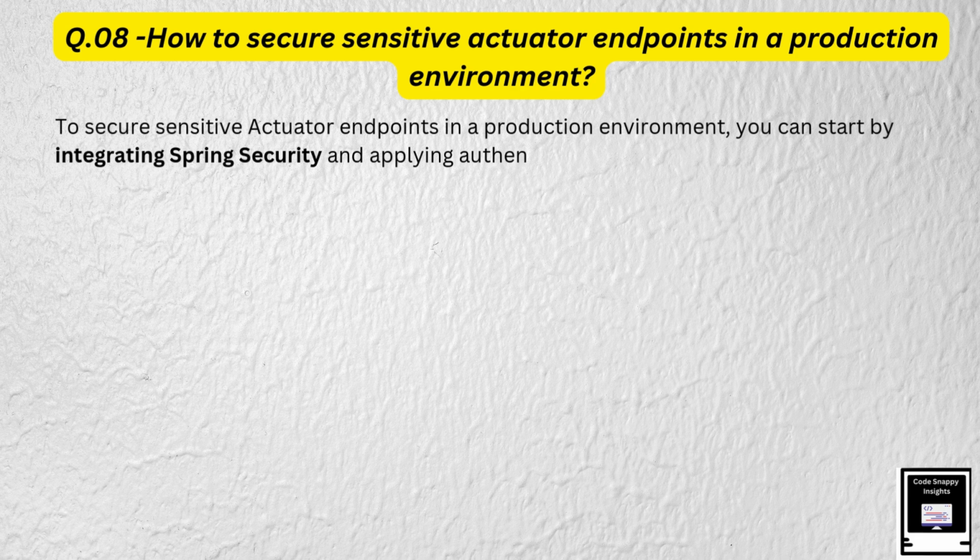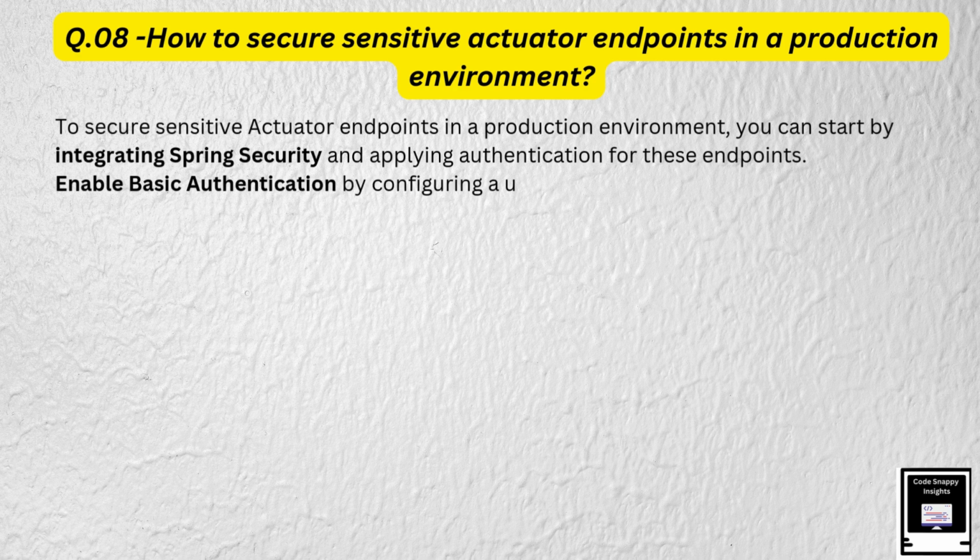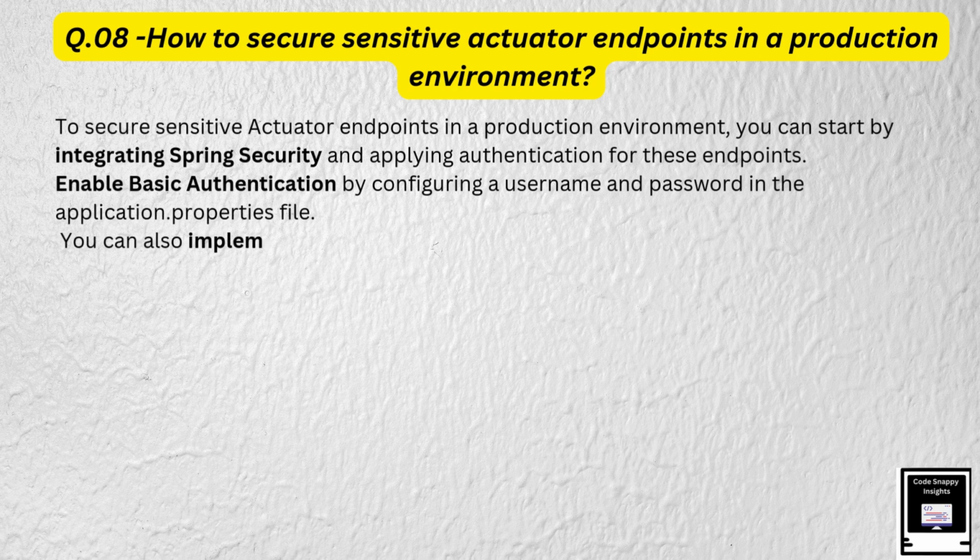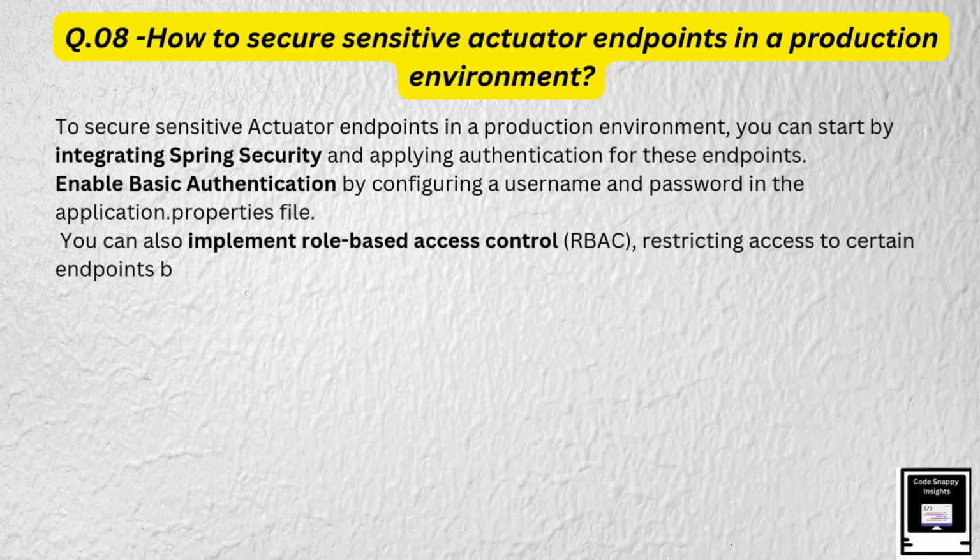Enable basic authentication by configuring a username and password in the application.properties file. You can also implement role-based access control, restricting access to certain endpoints based on user roles. Additionally, limit access by defining trusted IP addresses that can access the endpoints.